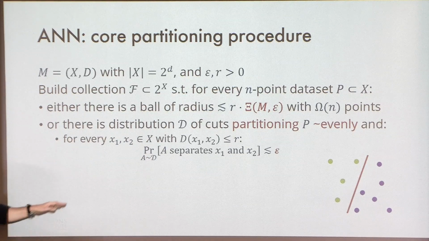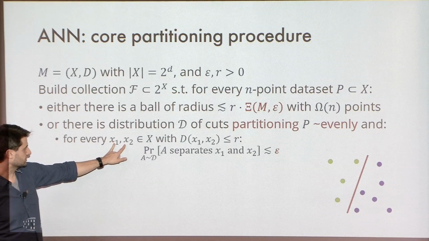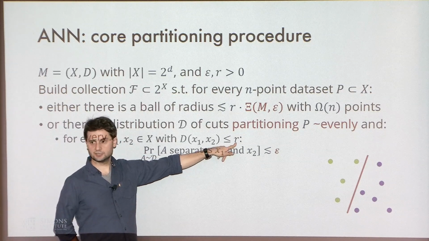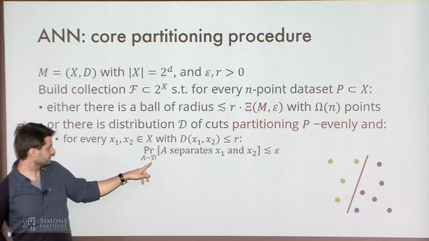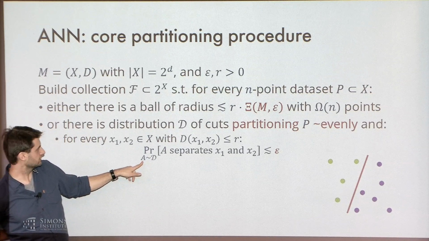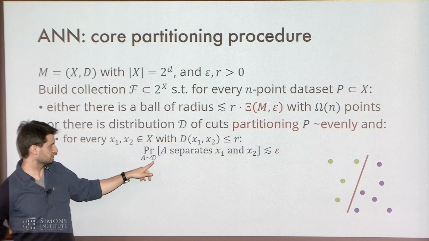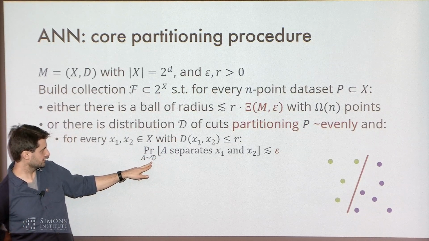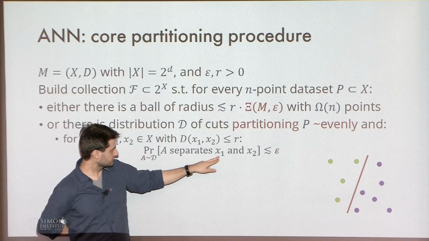For any two points x1, x2 which are close, at distance at most r, the probability that a cut chosen randomly from this distribution over nearly even cuts will separate x1 and x2 is upper bounded by epsilon.